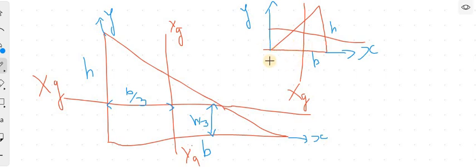Actually the distance from y to, this is yg, right? This is xg.